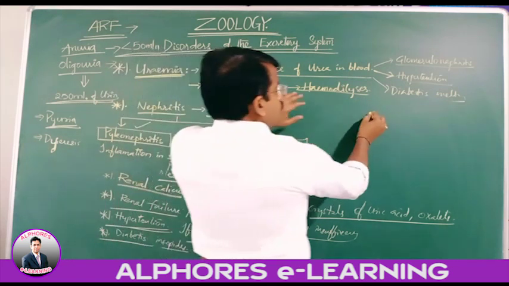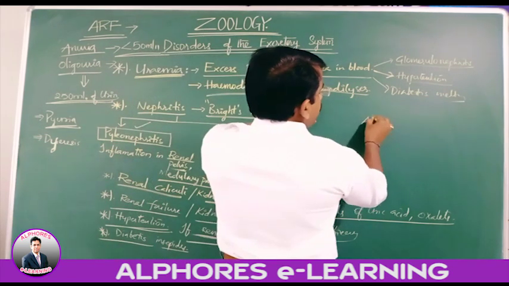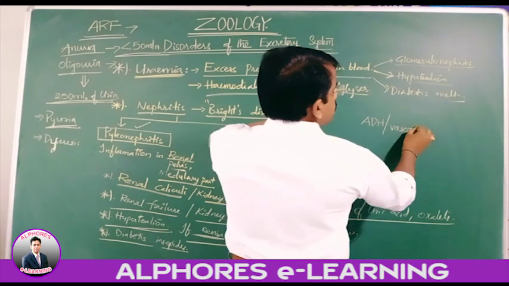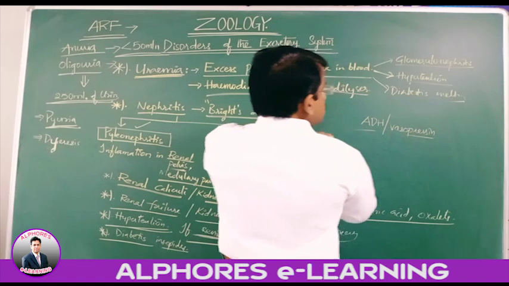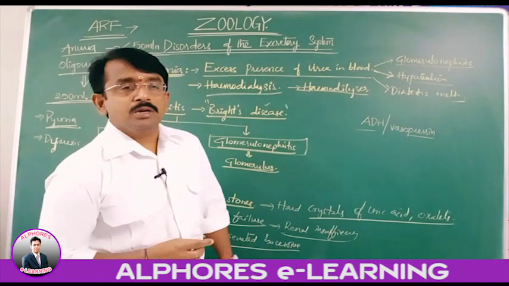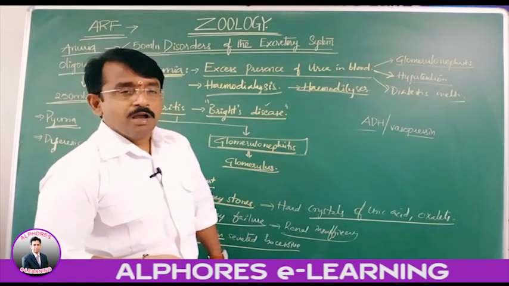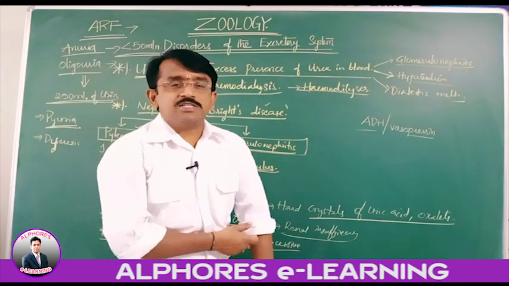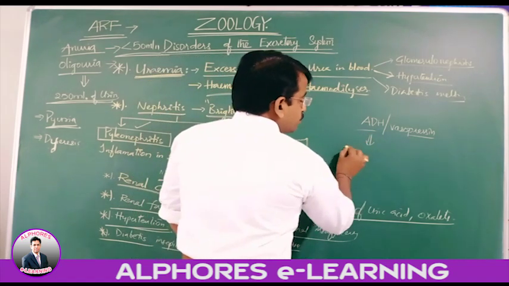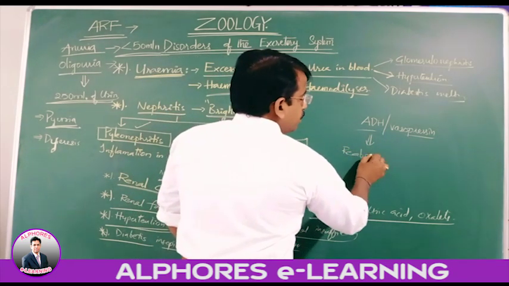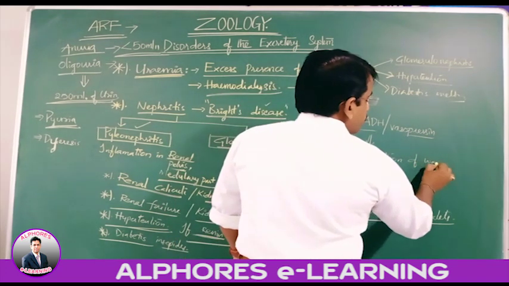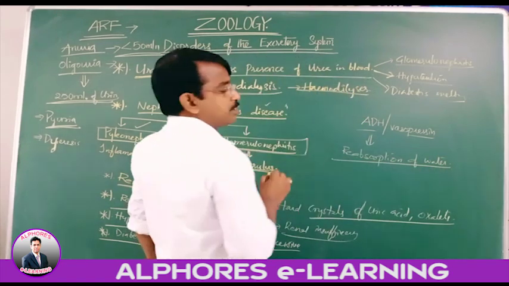Generally, the hormone we have discussed, ADH, anti-diuretic hormone, or vasopressin, is a hormone secreted by the hypothalamus, and it is released into the neurohypophysis. From the neurohypophysis, the ADH released is responsible for reabsorption of water, or retention of water.